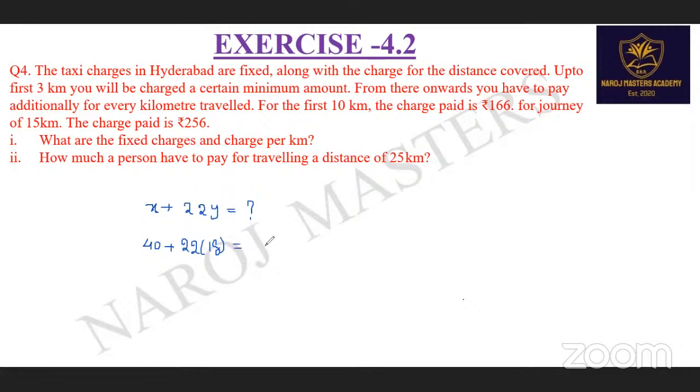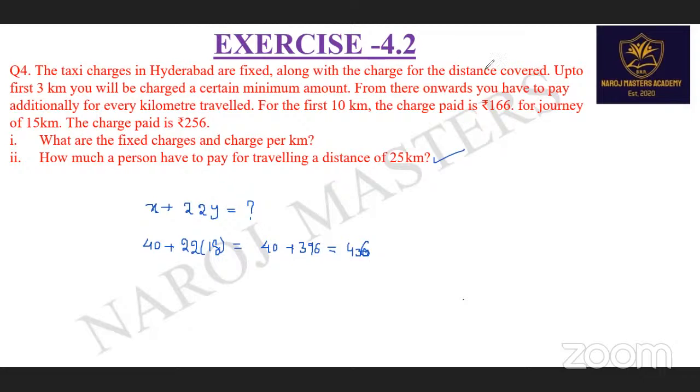That is the y value. That is 40 plus 22 times 18, which is 396. That is equal to how much? 40 plus 396 is 436 rupees. So he has to pay 436 rupees for the 25 kilometers traveling distance. So this is our second answer.